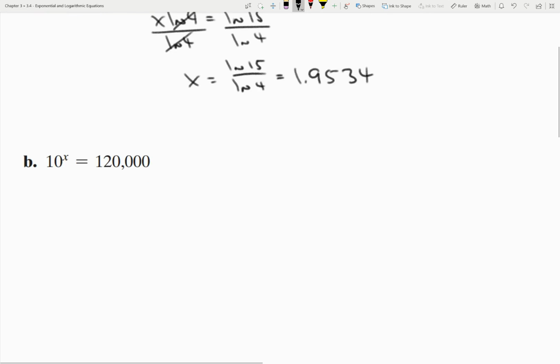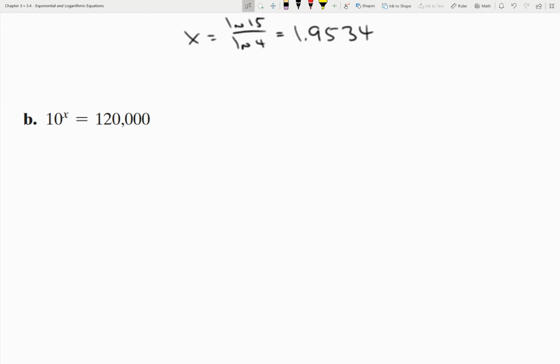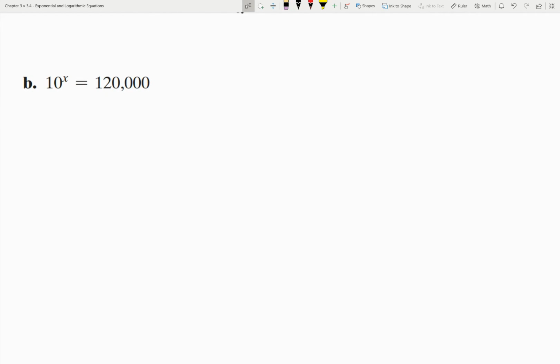Okay. Let's try another one. Now, in part B, we clearly see a base 10. So I could take the natural log, but taking the regular log, the common logarithm, is actually easier. Because these two are equal to each other, like the problem clearly says, the logarithm of both of them is equal to each other because of the one-to-one property.